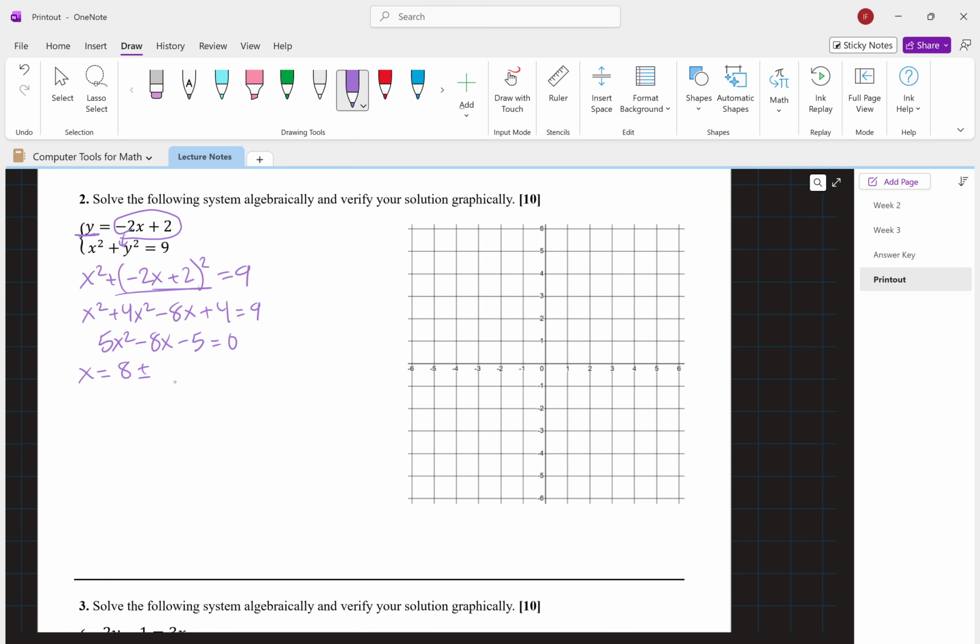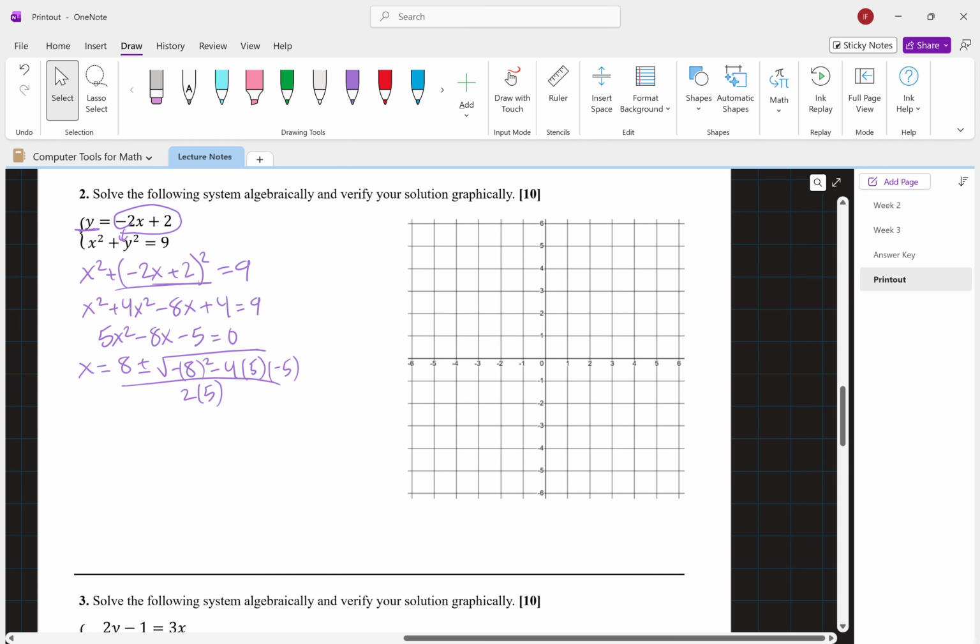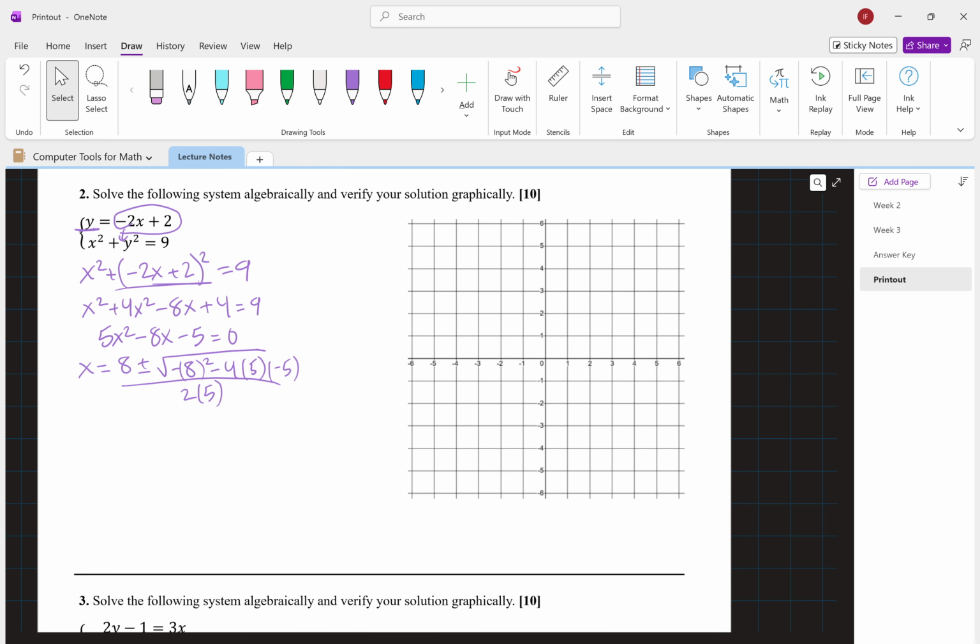Using the quadratic formula here, of course, x is equal to negative b plus or minus the square root of b squared minus 4ac over 2a.